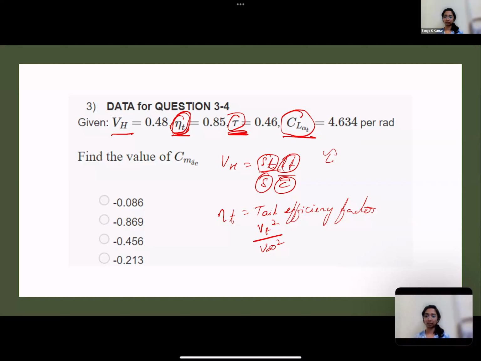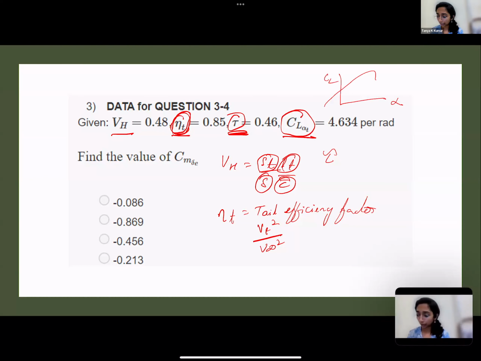Isn't it the lift curve slope? On the lift versus alpha graph, this is the lift curve slope, and that slope is CL alpha. So the lift curve slope of the tail is CL alpha T.